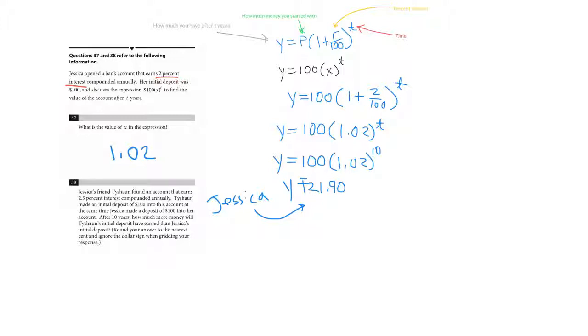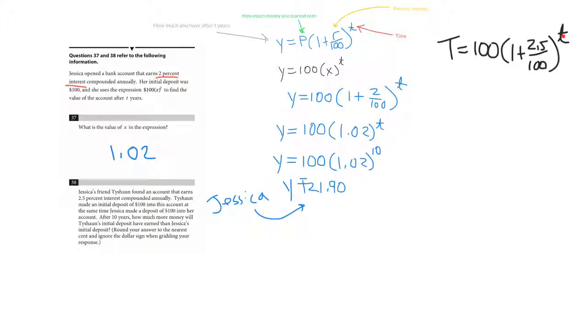So in his case, I'll actually just call it capital letter T for Tyshawn. And that's going to be 100 times 1 plus 2.5 over 100 T. And we're really interested in 10 years. So this T is about to be 10.